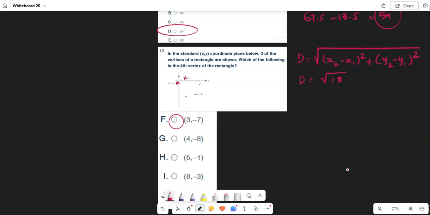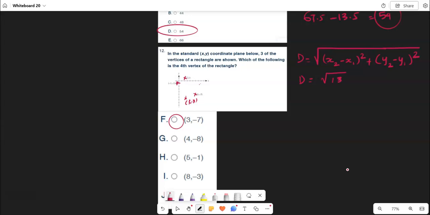I finally figured out that option 3, -7 can be the answer for this question, because see, 1, 2, 3, and this is 1, 2, 3, 4, 5, 6, 7. So 3, -7 can be the right option, because the distance between these 2 points matches the distance between these 2 points, and the distance between these 2 points matches the distance between these 2 points.